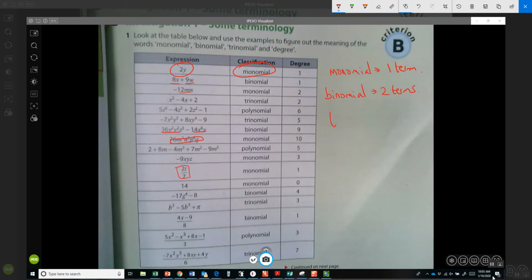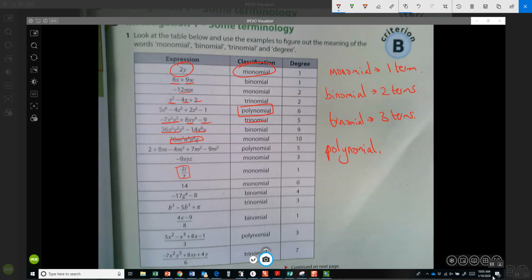What about trinomial? Good, we've got 3 terms. So there's 1 term, 2 terms, 3 terms. And then the last one is polynomial. Technically these are all polynomials, but why would I write polynomial?